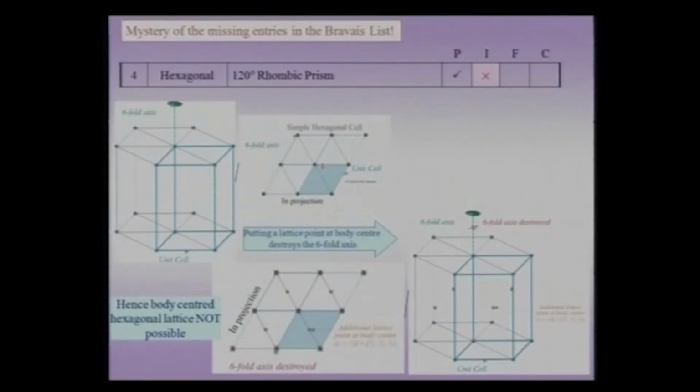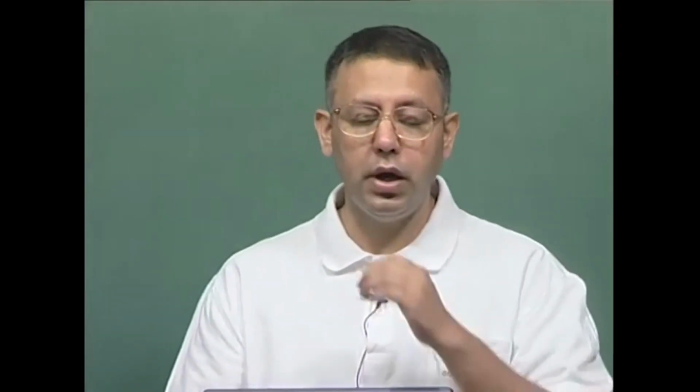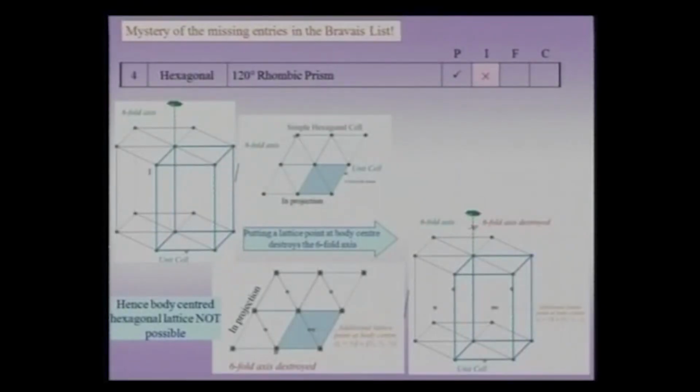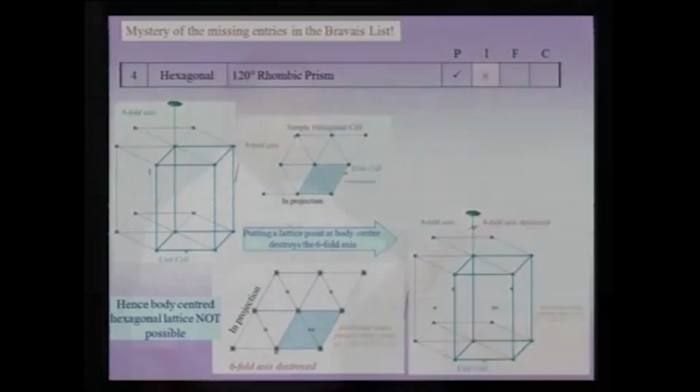Now, suppose I try to forcefully make a body centered hexagonal lattice. That means in addition to the original lattice points which are located at the vertices of this rhombic prism, I introduce additional lattice points. Let me try to do this in a model which I have here. Assume that this is my simple hexagonal lattice.